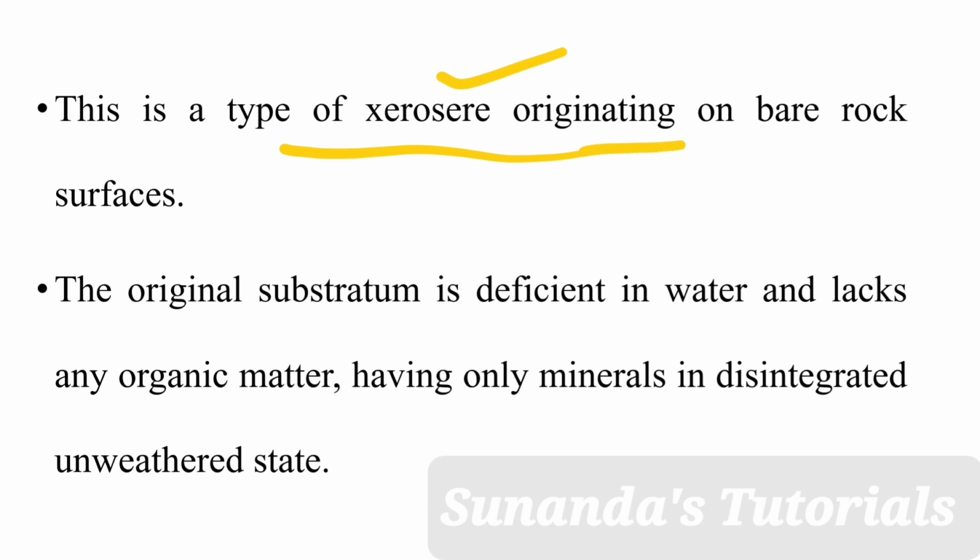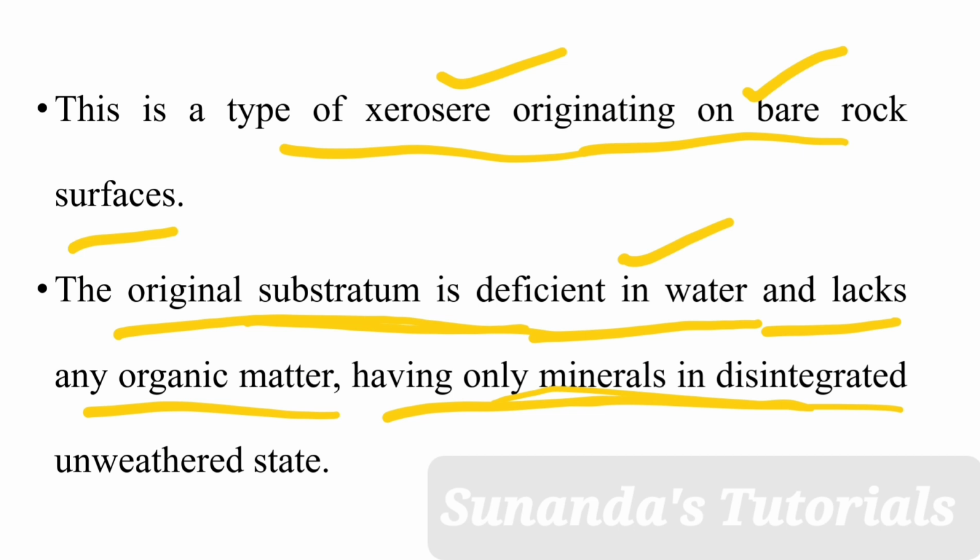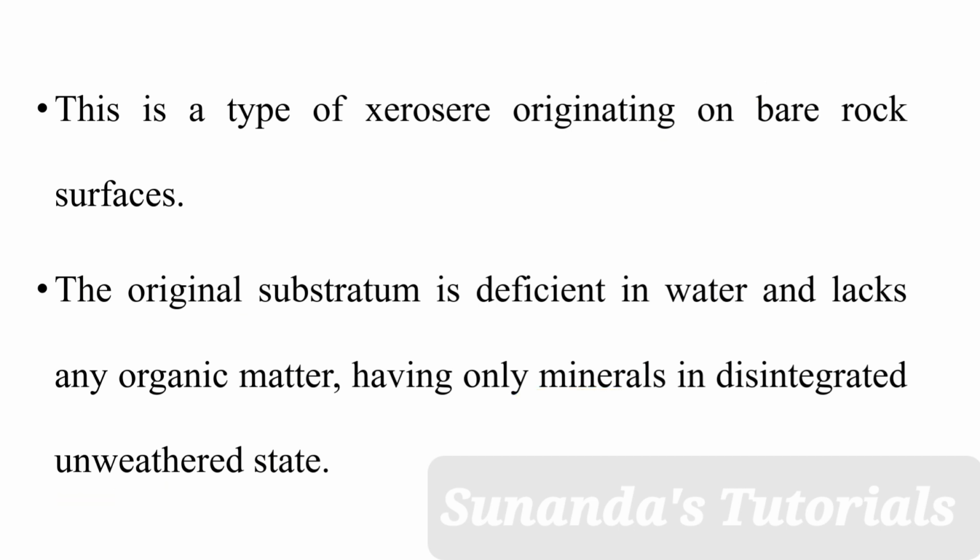Xerosere originates from a bare rock surface. The original substratum is deficient in water and lacks organic matter, having only minerals in a disintegrated, unweathered state. So Xerosere starts from a bare rock, but the Hydrosere starts in the aquatic ecosystem.